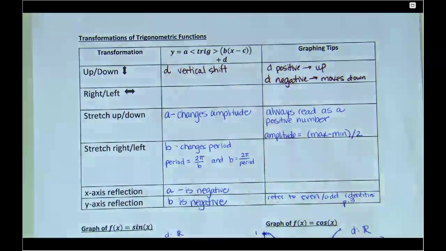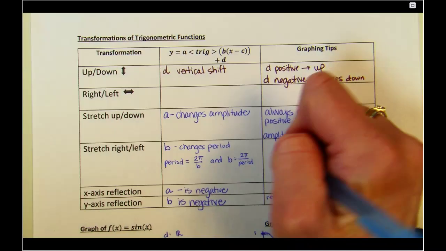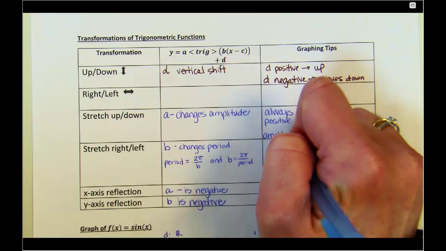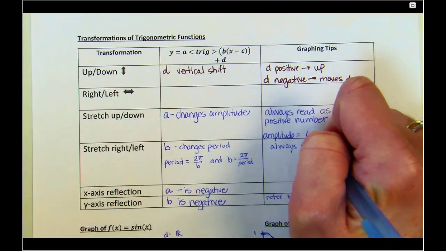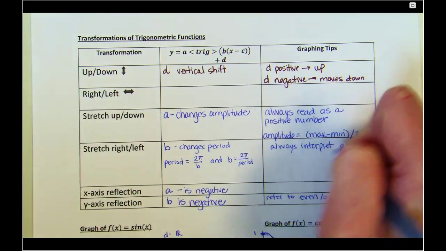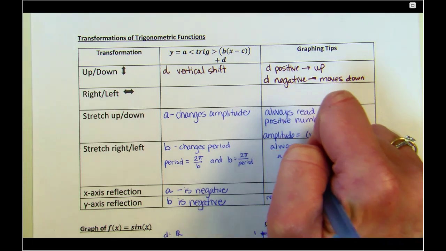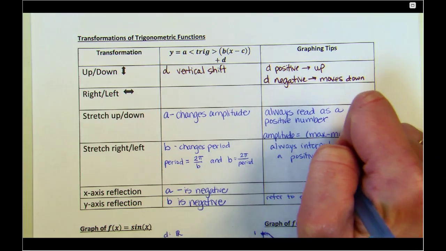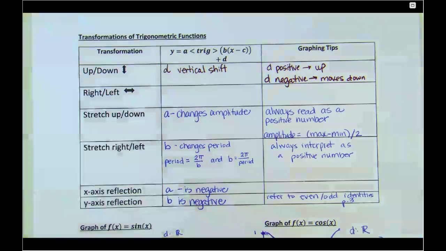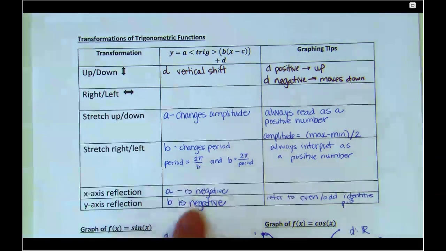Eventually, we will talk about writing equations. I'll give you the information and you have to write the equation. You need that section for that, but don't worry about it now. Only going to use the first piece. And the last thing, we always interpret this as a positive number, because if B is negative, you're down here on the bottom row where it says B is negative.